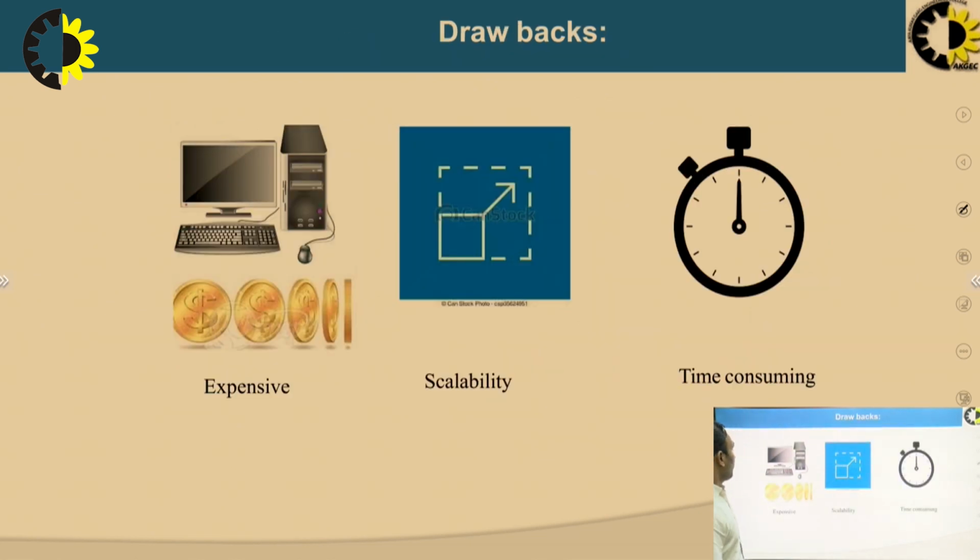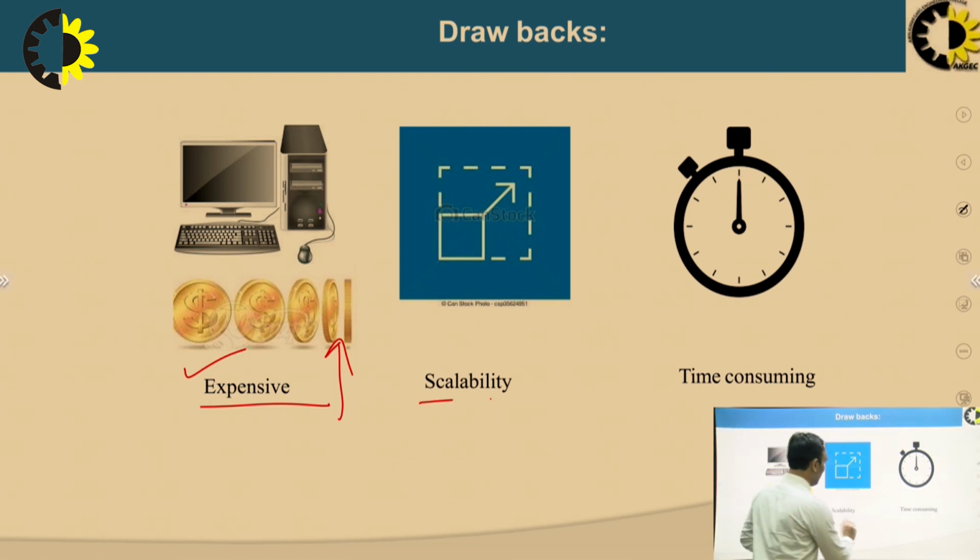These are the basic drawbacks. First, expense, because in the commercial world, money matters for every organization. So expense will be very high to manage such type of data. And the major concern is scalability. How to scale such a size of data so that valuable information will be derived in real time.